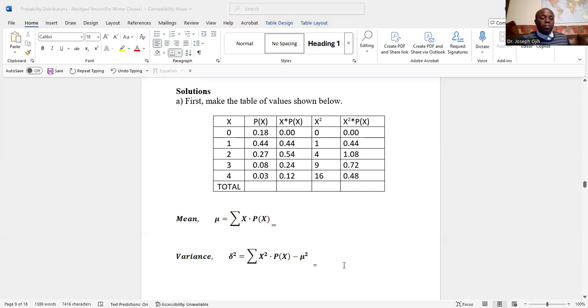Okay, let's see. So I have it copied down. So let me go and put it in a calculator.